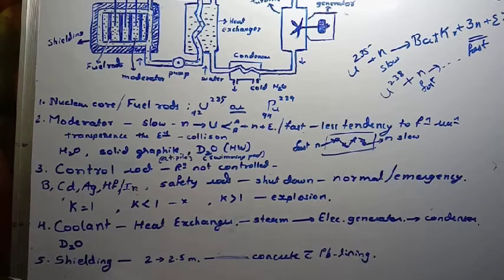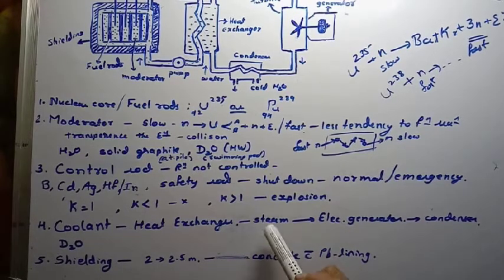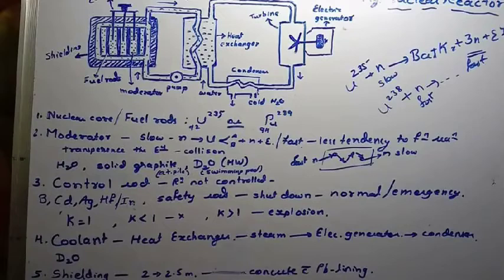The shielding is usually very thick, say 2 to 2.5 meter thick concrete wall, and the inner side of the concrete wall is lined with lead. There is a lining made up of lead, and in order to protect the environment from the hazardous radiations, shielding is necessary.